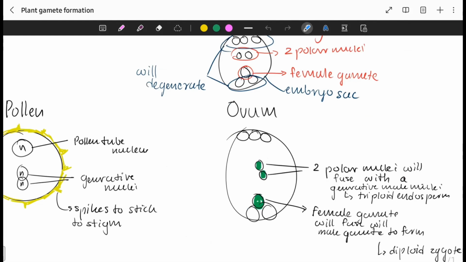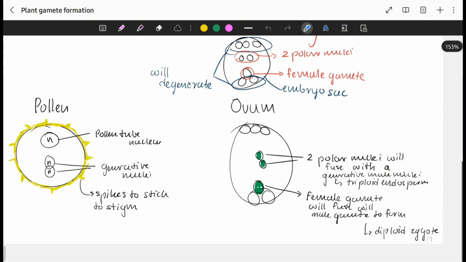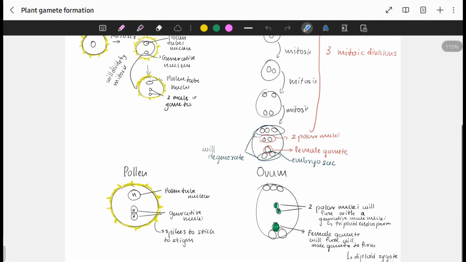The female gamete and the male gamete fuse, and that will form the diploid zygote. So that's how it works. Nothing much more for plant gamete formation.